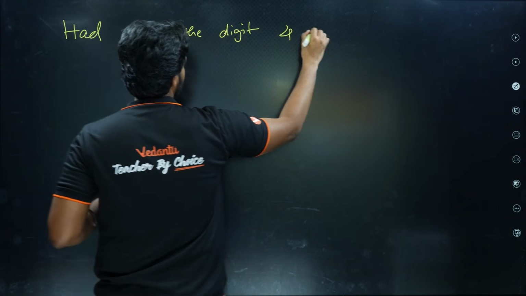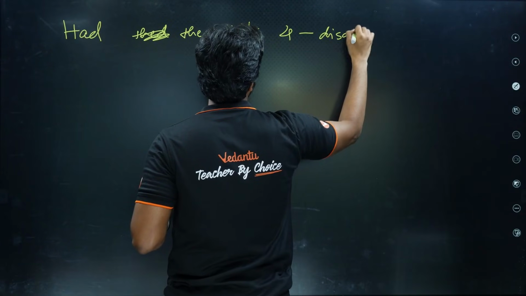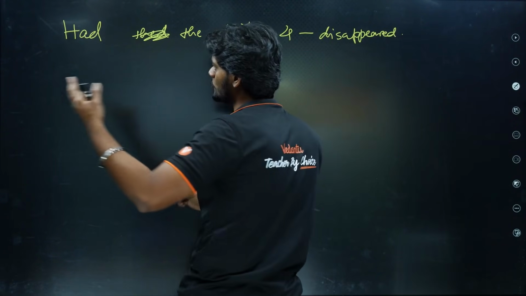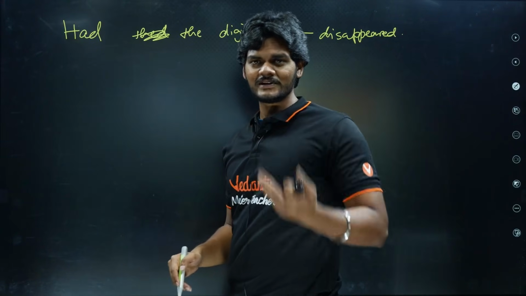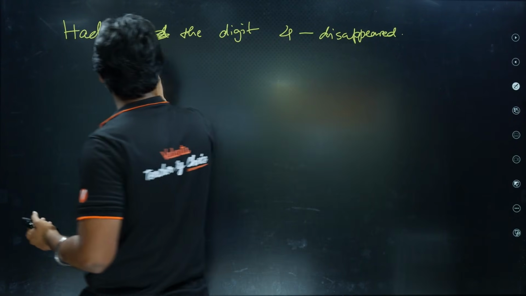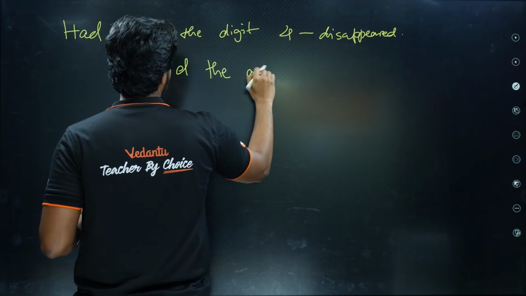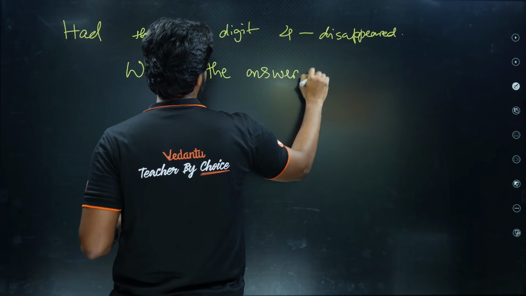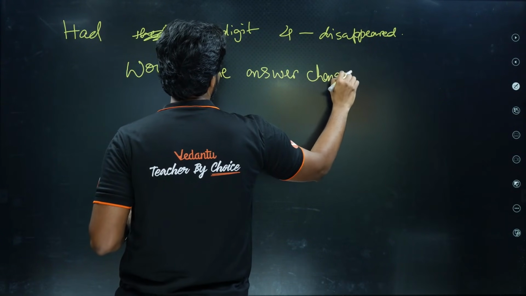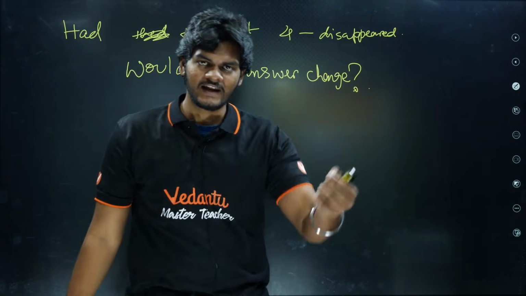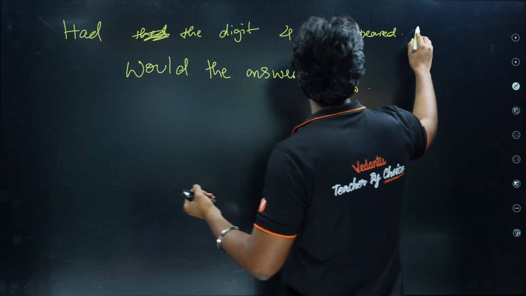In the faulty odometer, had the digit 4 disappeared, would the answer change? Instead of 9, 4 disappears instead of 9.